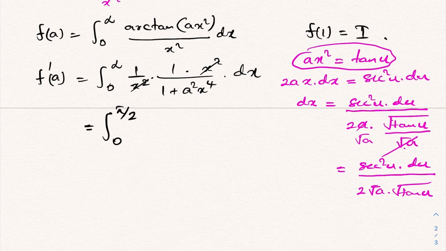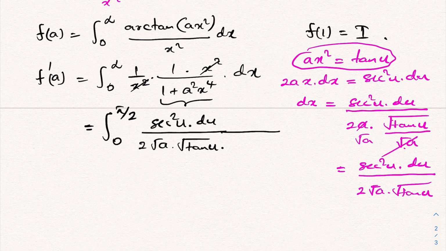Then in the numerator we have dx. Dx we know is secant square of u times du over 2 times the square root of a times the square root of tan of u, times now here 1 plus a square x to the 4th power. So we have 1 plus tan square of u.